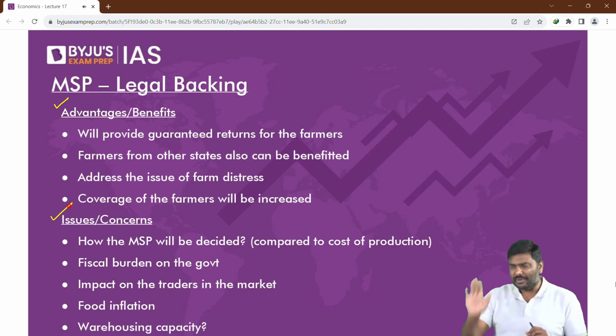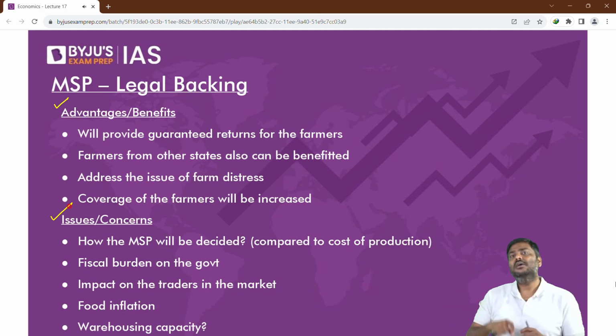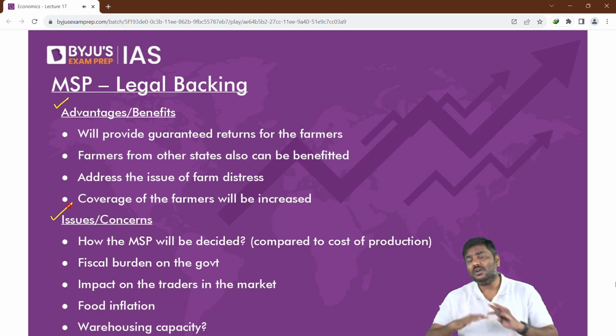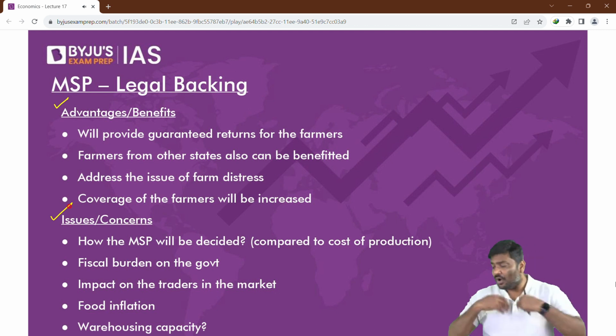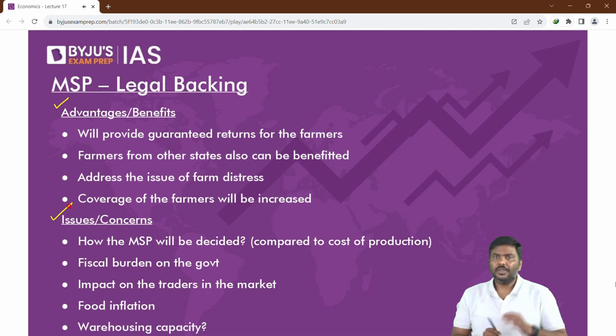Now imagine government legalizes MSP, brings in a law and says it will procure all the crops. Will it provide benefit to more farmers or not? Of course, yes.